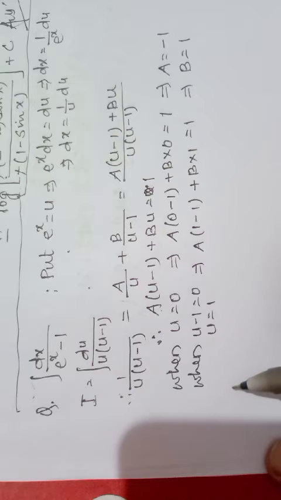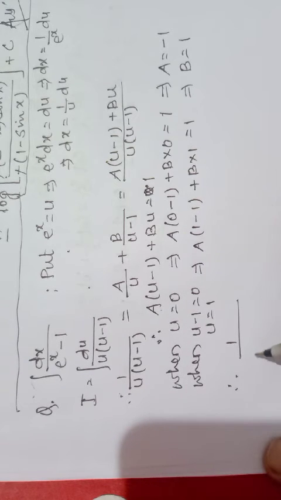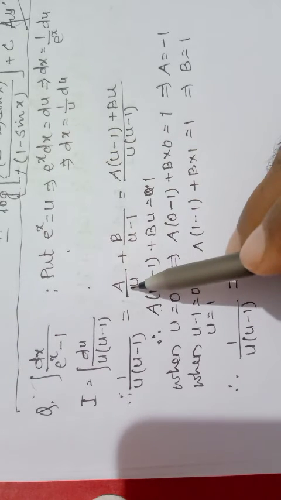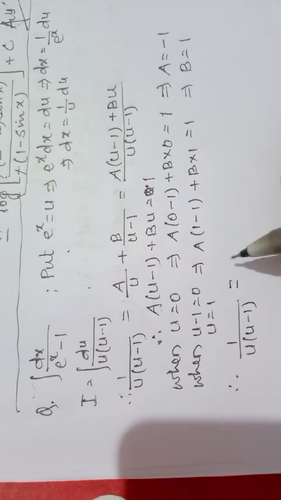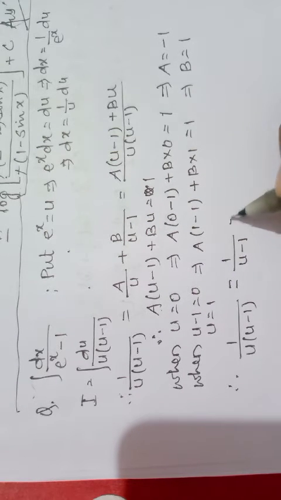Now the function 1 upon u into u minus 1 should be written as, a is negative, so write it later, and first write b because it is positive: 1 upon u minus 1 minus 1 upon u.